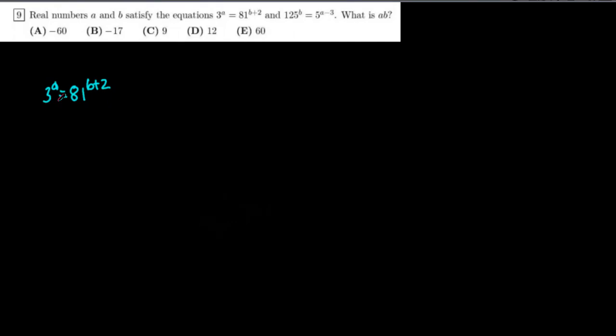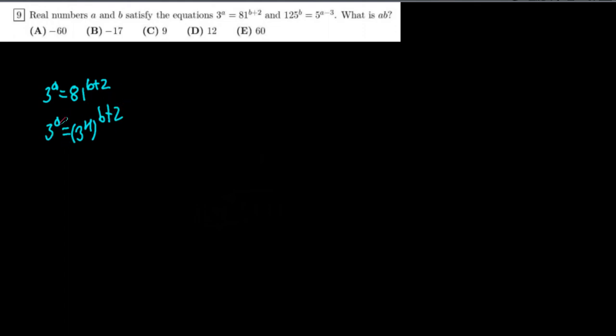So we can leave the first 3^a alone. This equals, well, 81 is 3 to the power of 4, and then we have this b plus 2 on top.